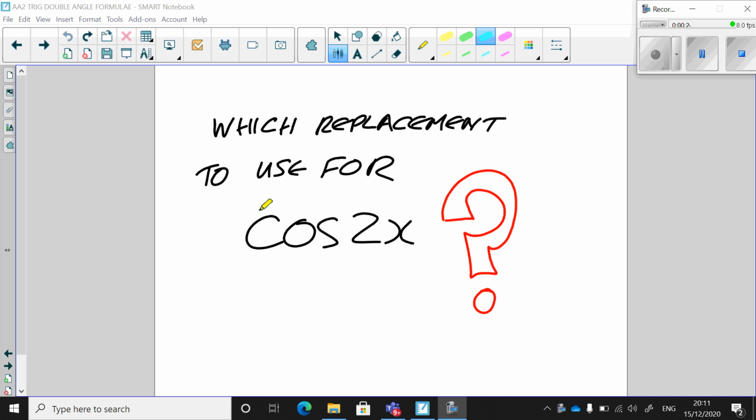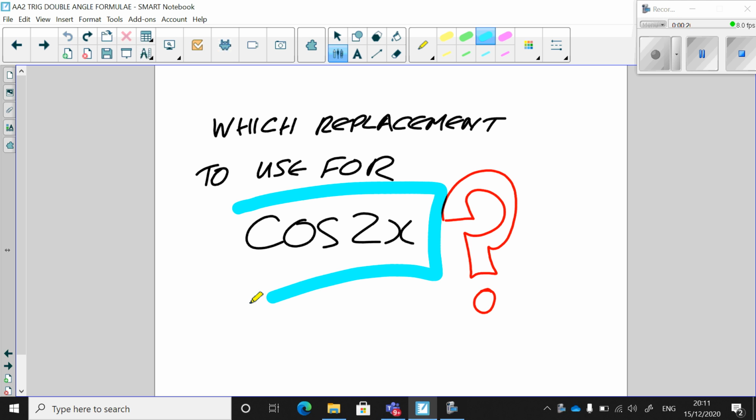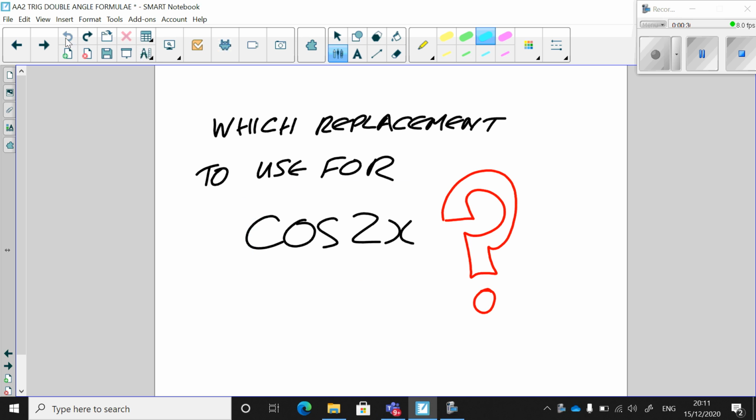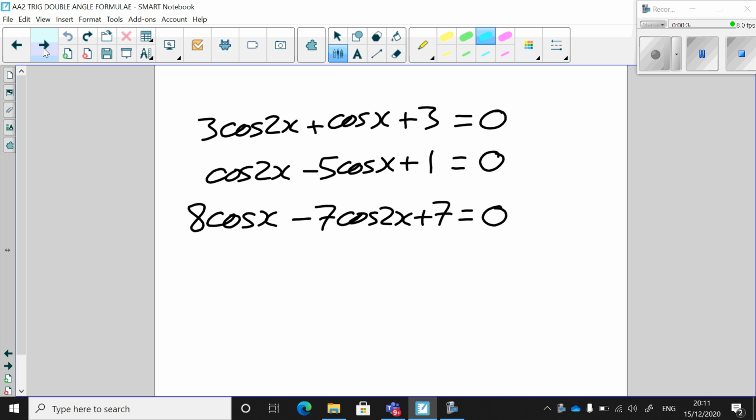So we dealt with sine 2x, so now we're going to deal with cos 2x, and it can cause a problem. You saw earlier that for cos 2x there were 3 replacements. I've put up 3 equations here.